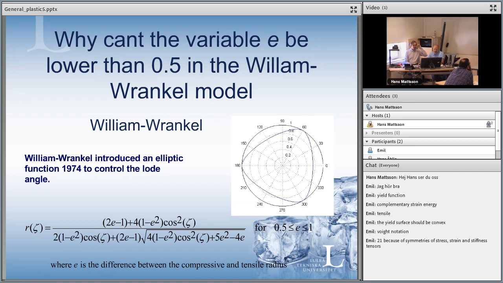Why can't the variable E be lower than 0.5 in the Wilhelm-Wankel model? Do you have any answer? Group 5?